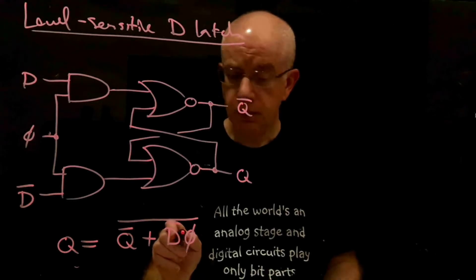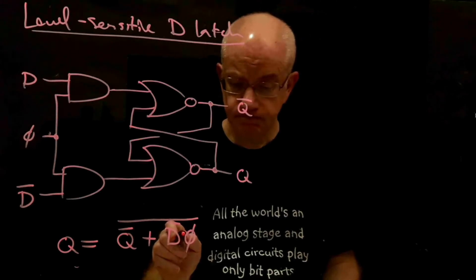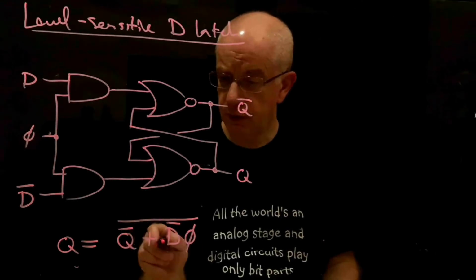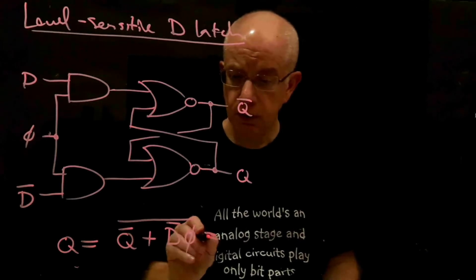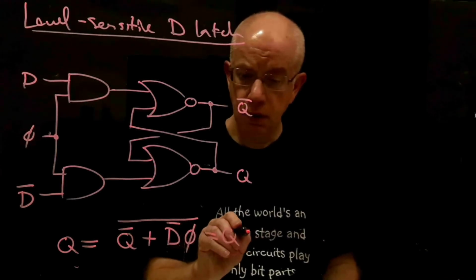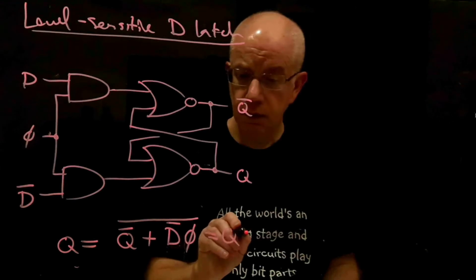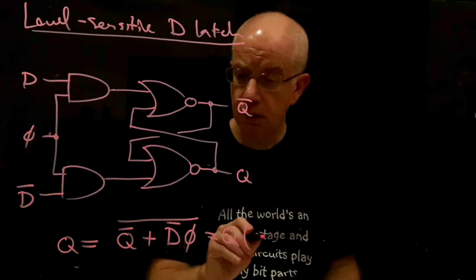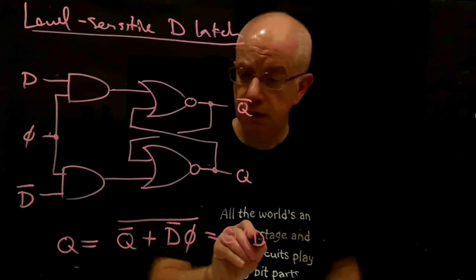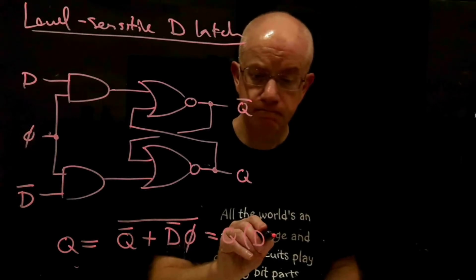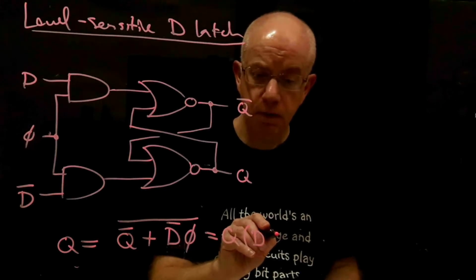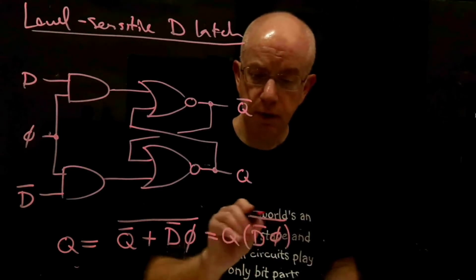Of course, we can use De Morgan's law and rewrite this as Q and D bar phi NANDed together.